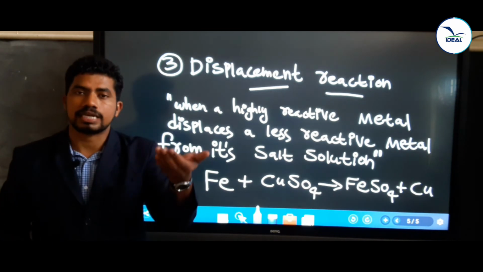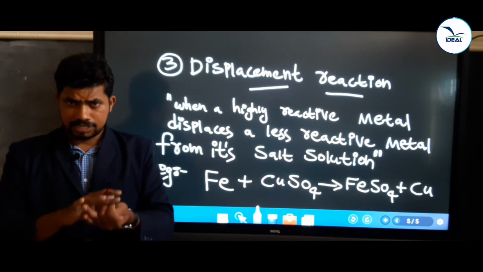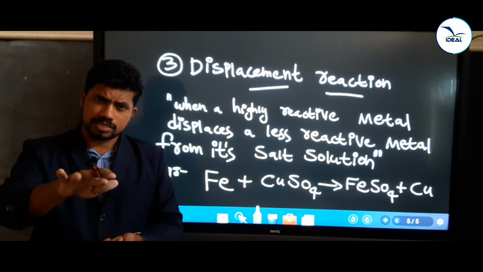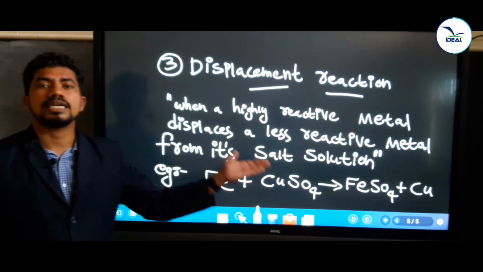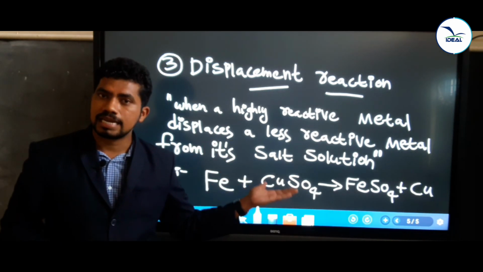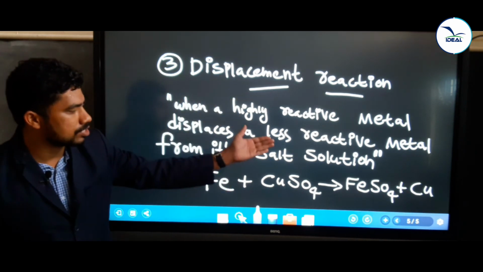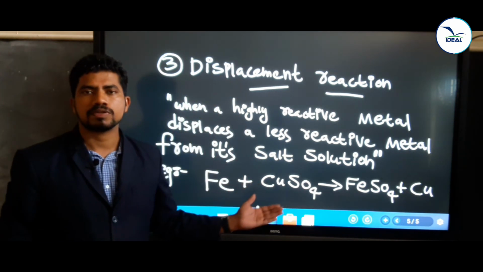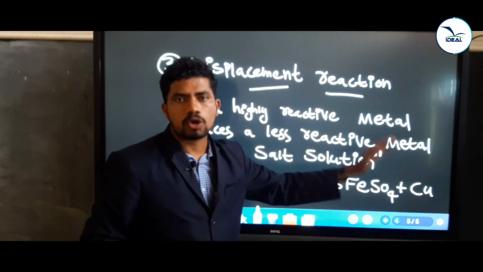At the top of the reactivity series, you have potassium, sodium, calcium, magnesium, aluminium, etc. So you can choose the most reactive element first. Then you can take a salt solution having a least reactive metal. This is a very famous example for displacement reaction in which iron can displace copper from copper sulfate solution, and you will get FeSO4 and copper.